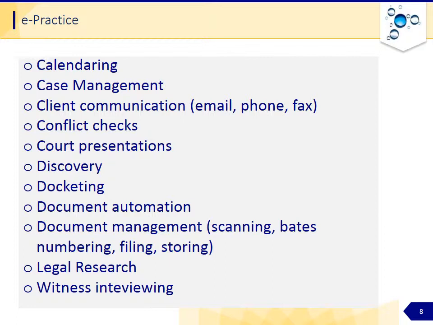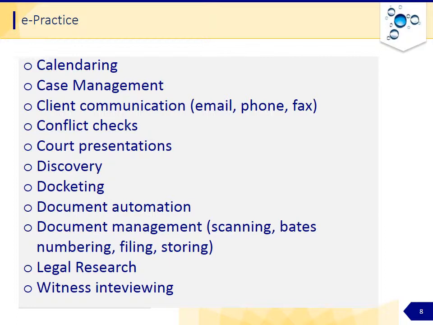When you have virtual law offices, or you're working a lot with technology in your job or organization, these are some specific areas where technology is being used in a law practice: calendaring, case management, client communication, conflict checks, court presentations, discovery, docketing, docket automation or document automation, document management, like scanning and Bates numbering, filing and storing of documents, legal research, and witness interviewing.